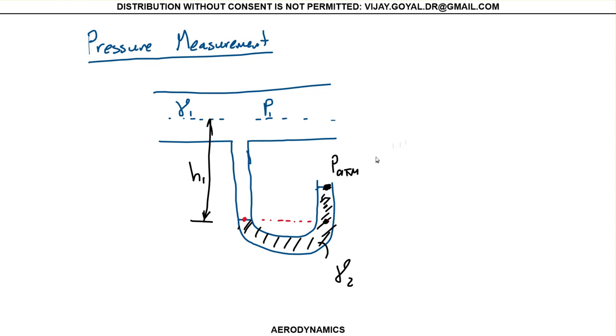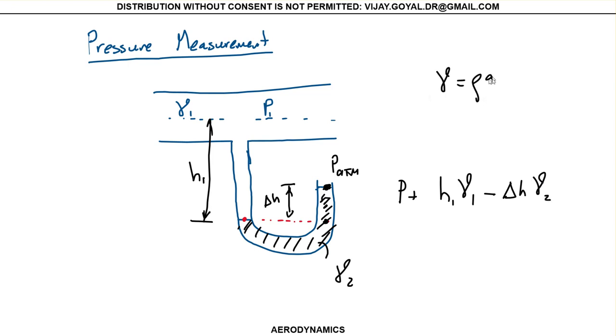So the way we will find the total pressure at the center line is P plus h1 times gamma 1 minus delta h times gamma 2. Remember, gamma is nothing else than rho times g.